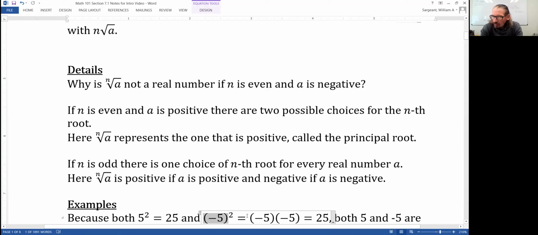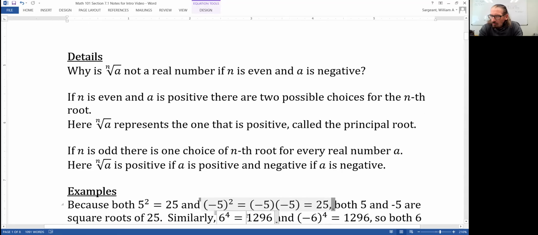That means that all of that expression, negative 5, is being squared. Negative 5 times itself, another negative 5, is going to be positive 25. So because of that, both 5 and negative 5 are square roots of 25. However, we would say that 5 is the principal square root of it.